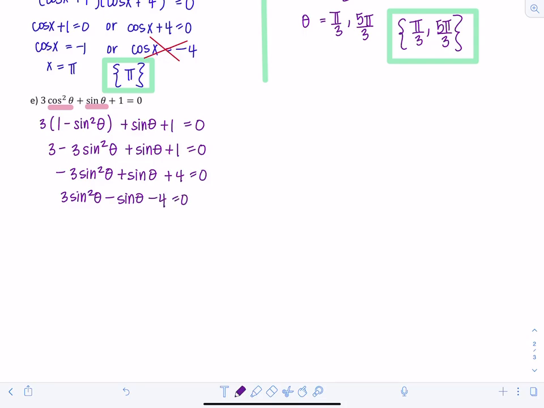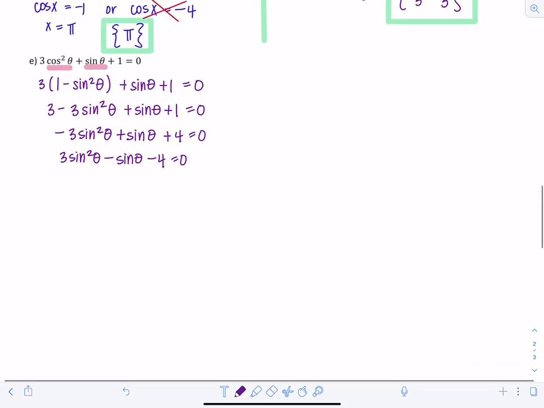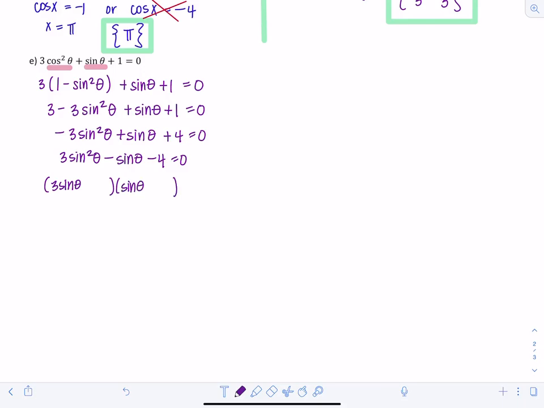All right, can we factor from here? Let's see. So 3 sine theta, and I want my middle term to be negative 1. So this needs to be a 1, this needs to be a 4, yes? Positive, negative. Yep, that checks out.